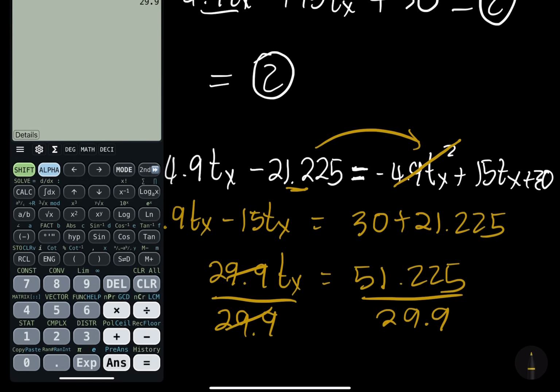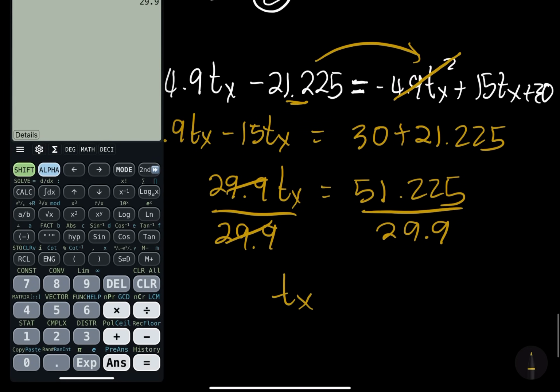To get the value of tx, we just simply, let's clear that. So 51.225, and we divide that by 29.9.